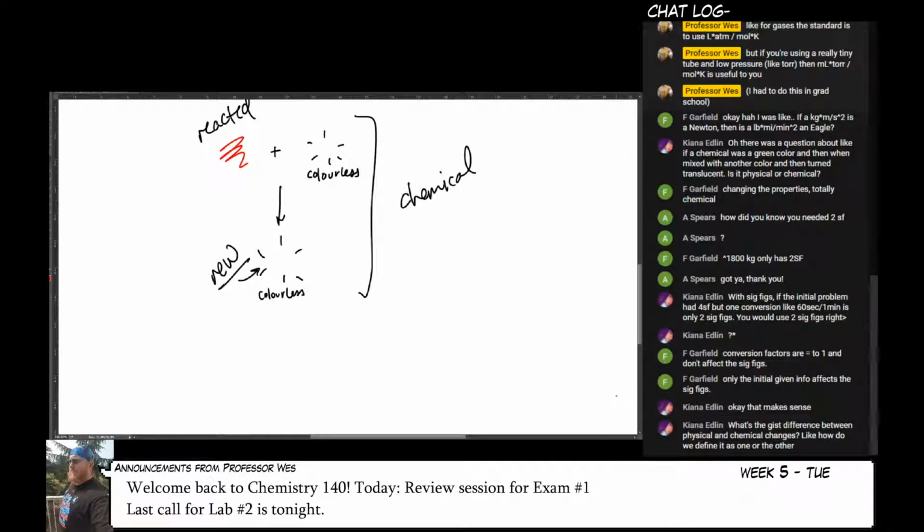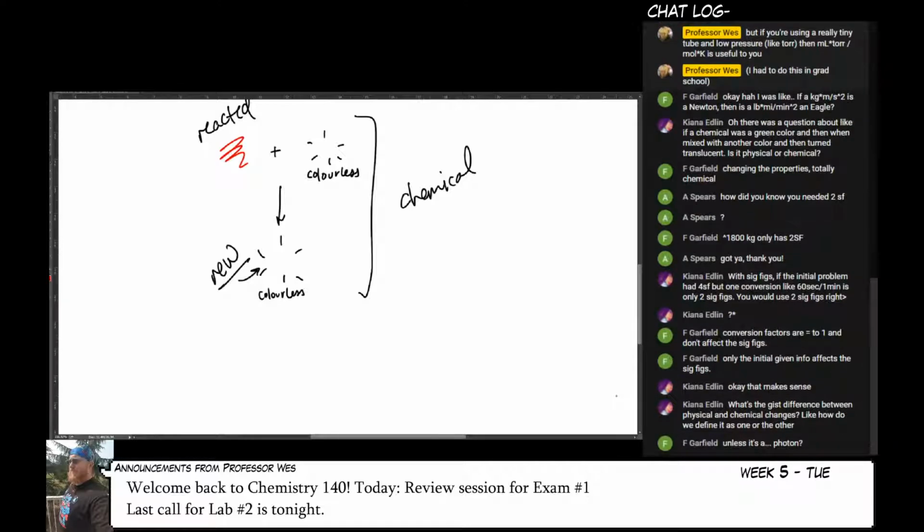Anything that seems like, oh, these things reacted, that's chemistry. So that'll be a chemical change. And then remember to look for words that help you pick one or the other. Any phase change is physical. Any reaction is chemical. So words like burning or makes a gas or decomposes or fizzes, those are all examples of chemical reactions.